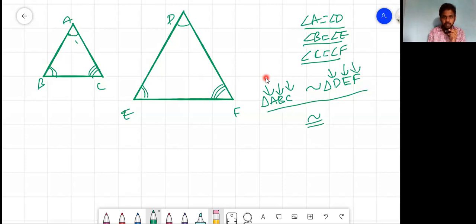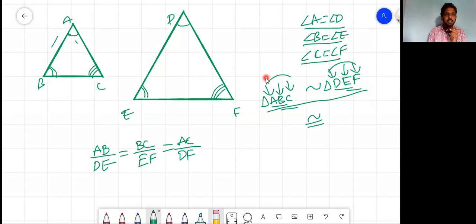Proportional in the sense, I will have AB divided by DE. First I'm having AB here, so the first two letters are DE here. This will be equal to the second two letters, BC here and EF here. So BC divided by EF will be equal to the first and third letters, AC divided by DF.